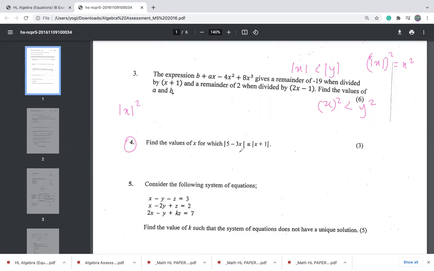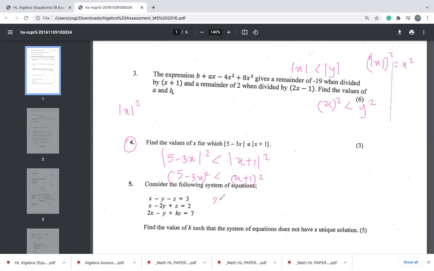For example, here I'm solving this absolute value inequality. I'm going to do my absolute value of 5 minus 3x squared less than the absolute value of x plus 1 squared. So what you get is 5 minus 3x the whole squared less than x plus 1 the whole squared. Now you open up the bracket.